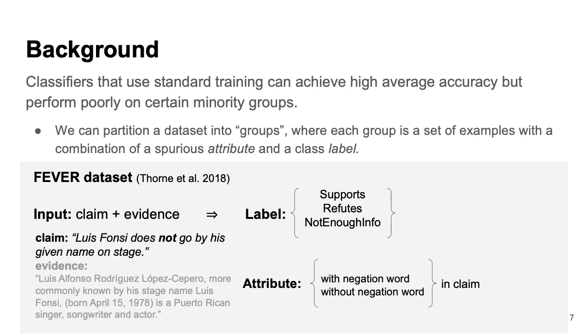Let's look at a concrete example. The claim "Louis Fonzi does not go by his given name on stage", which is in the supports class, contains the negation word "not". Since this example is labeled supports, it belongs in the group supports with negation, and is very likely to be misclassified as refutes.